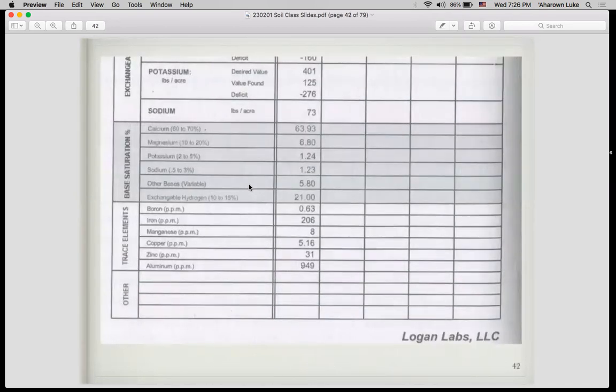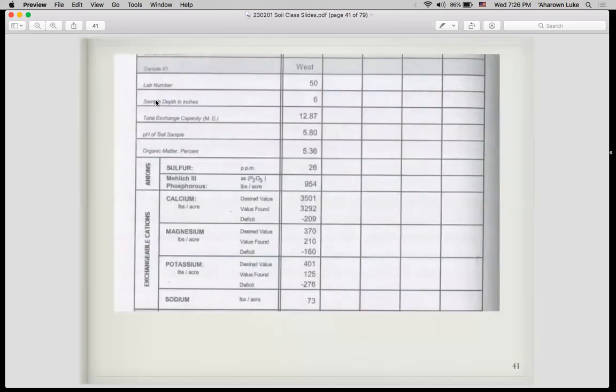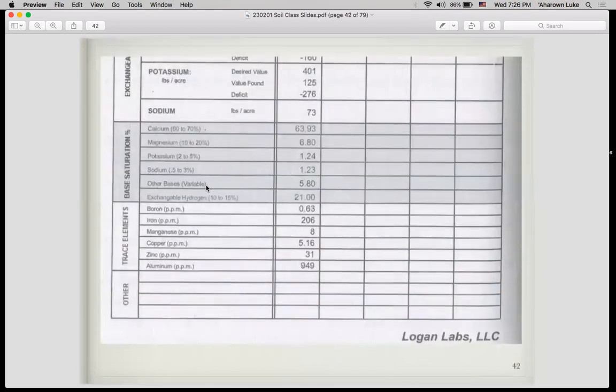So there's a top and a bottom. On top, exchangeable cations, which we've been talking about. Sulfur is an anion, as is phosphorus. These are the micronutrients, trace elements.